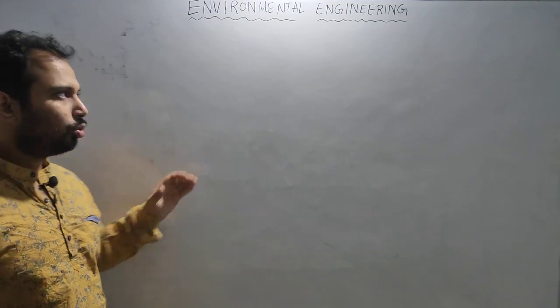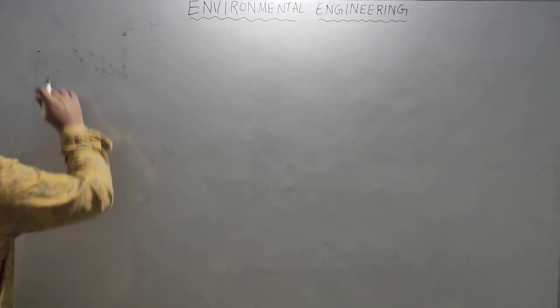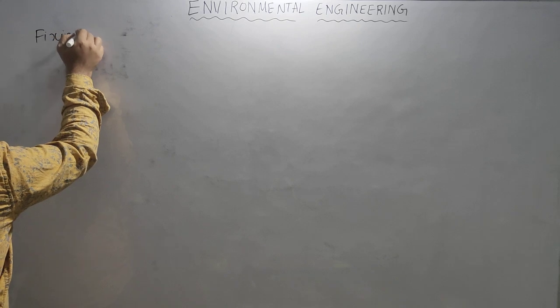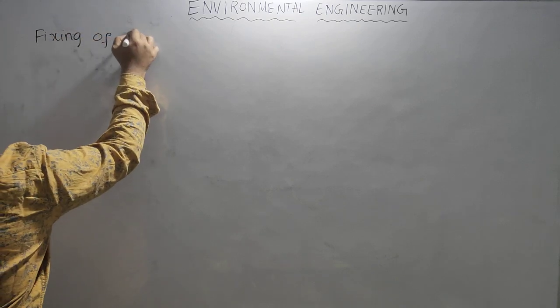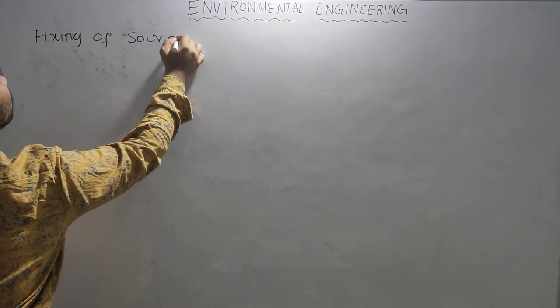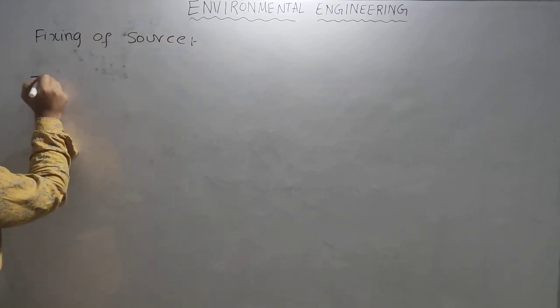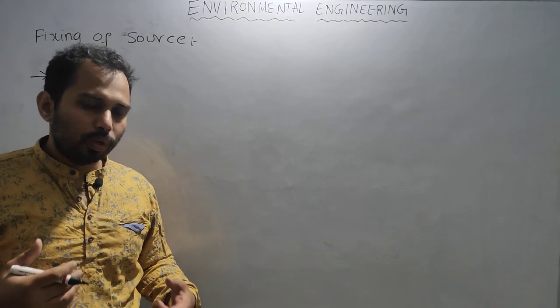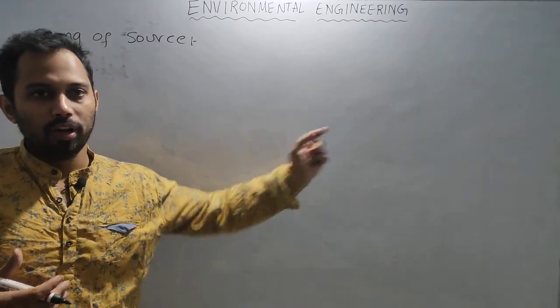So here, fixing of a source can be done by three things you need to keep in mind. First and foremost, who is taking the water? The population.